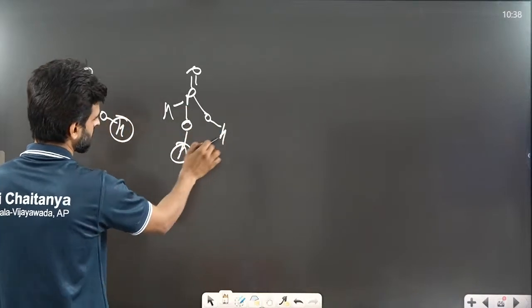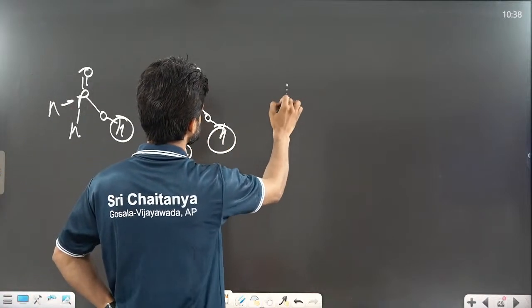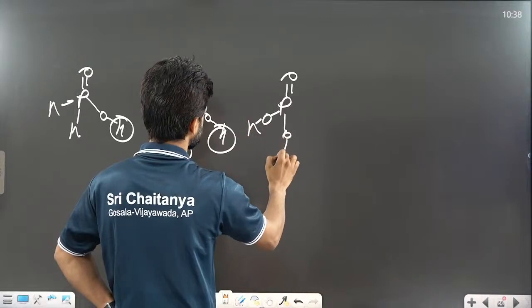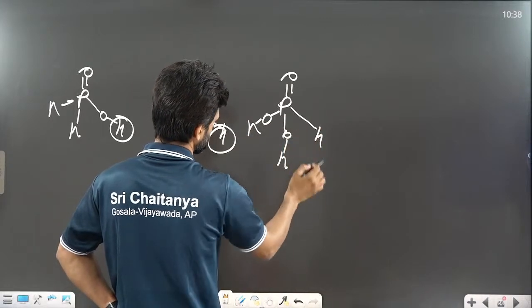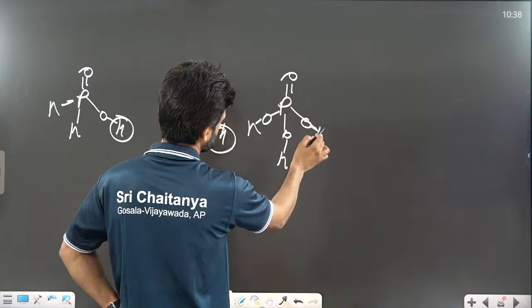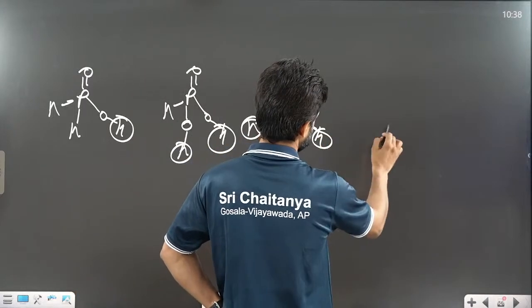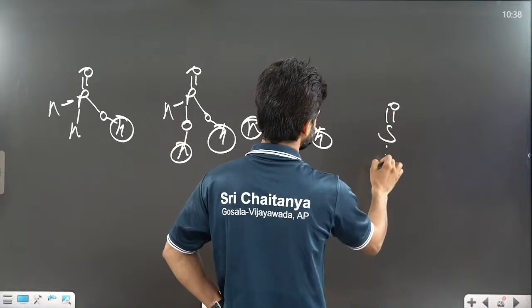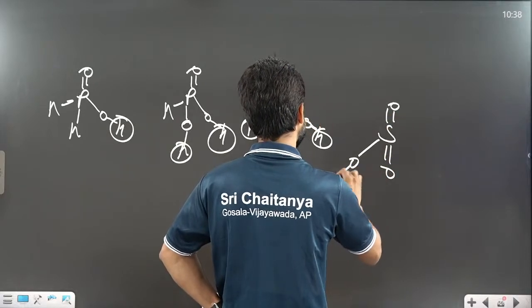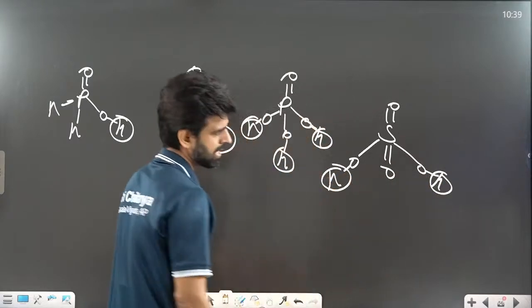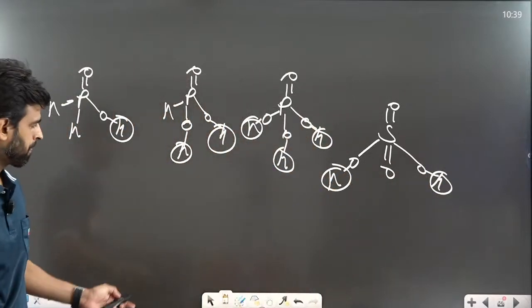H3PO3, n factor 2, can give 2 hydrogens. H3PO4, n factor 3, and can give how many? 3 hydrogens, right? So we know very well, it's very easy. H2SO4, n factor 2 and gives 2 hydrogens, right? Clear? Easy.